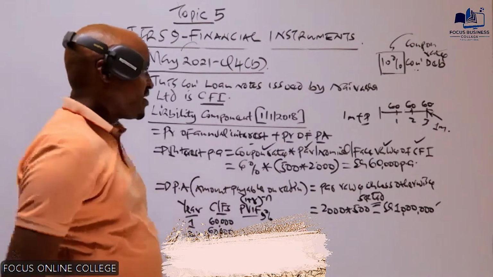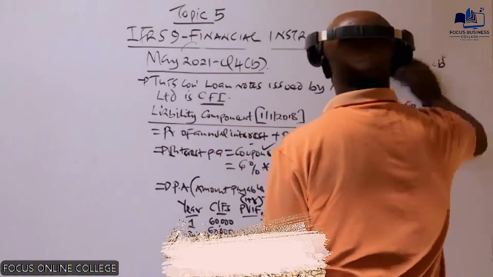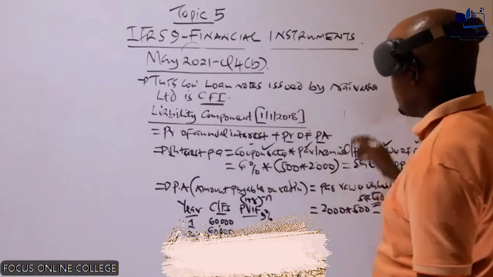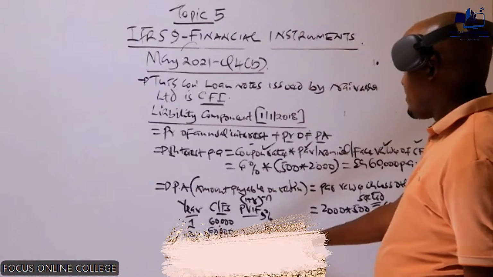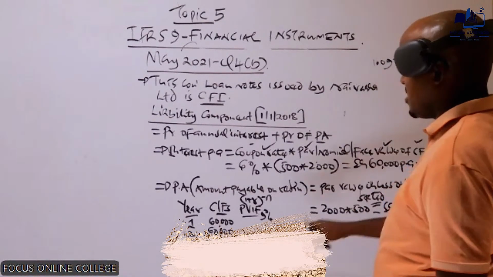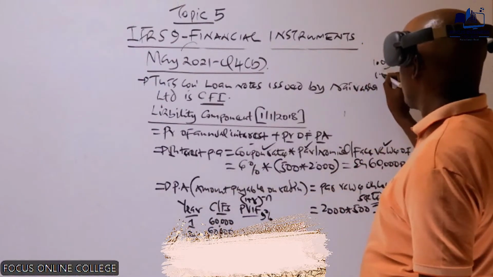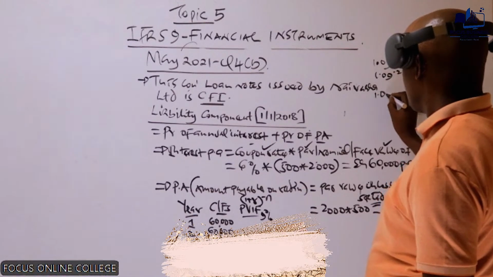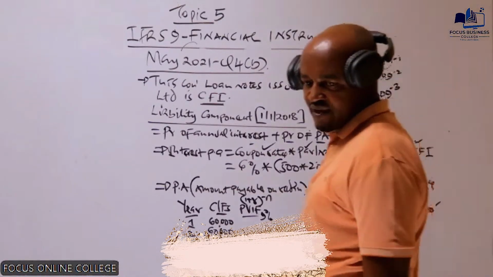For example, in the first year, our present value interest factor will be 1.09 raised to power negative 1, remembering our R is 9%, and n is the year. In year 2, 1.09 raised to power negative 2. In year 3, 1.09 raised to power negative 3.